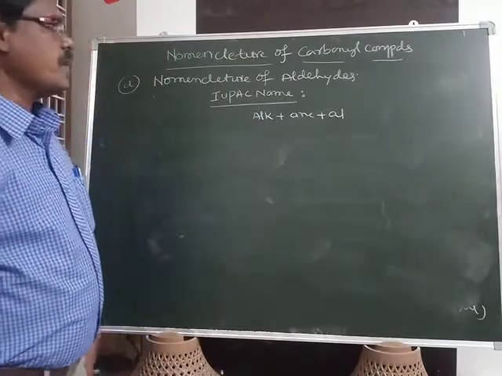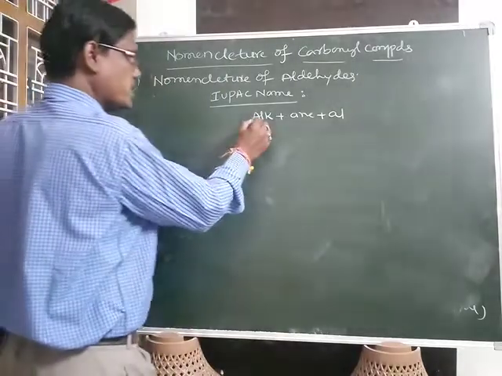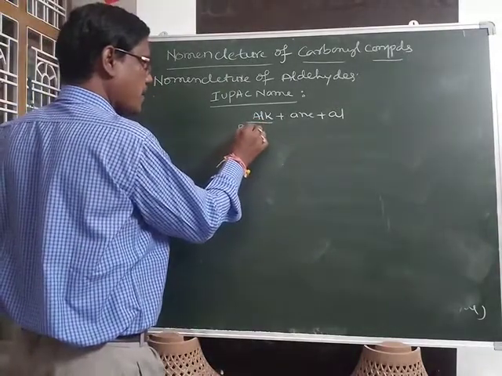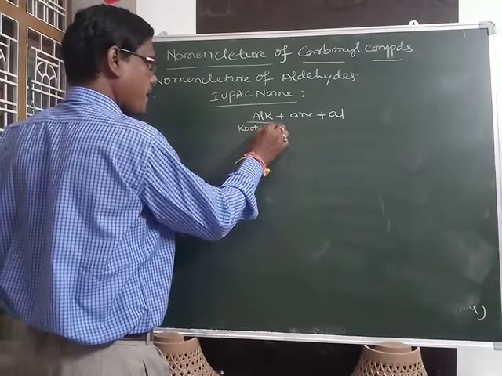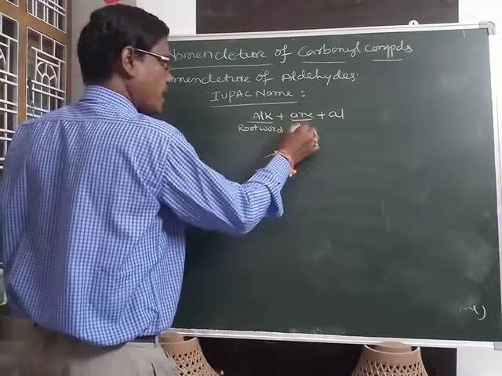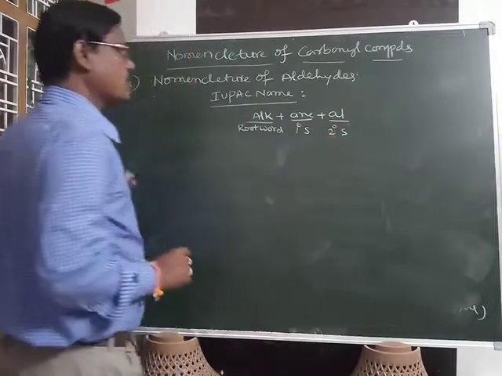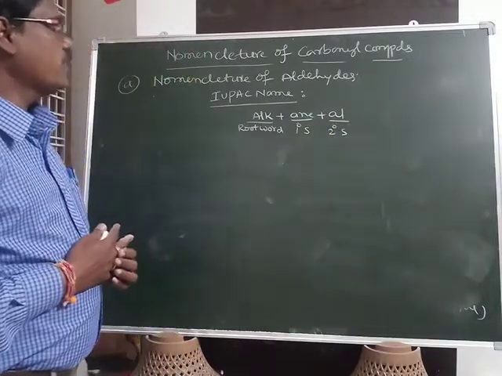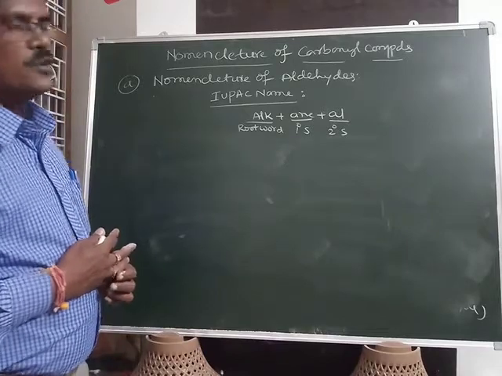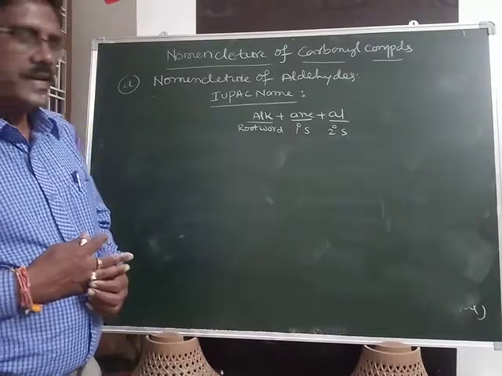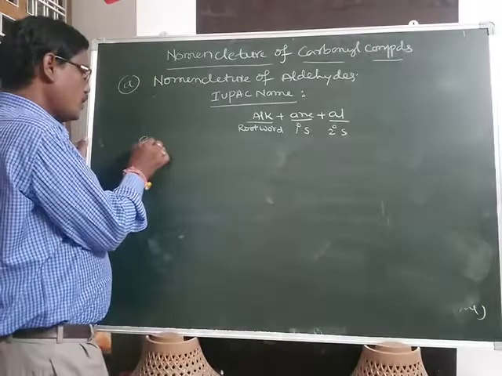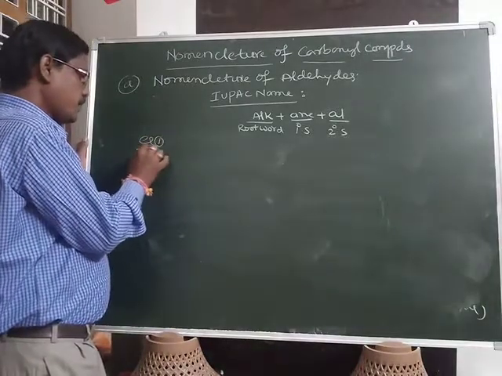This is the IUPAC name. So this is the root word. This one is the primary suffix. This one is the secondary suffix, which will be given for the IUPAC name of the aldehydes.